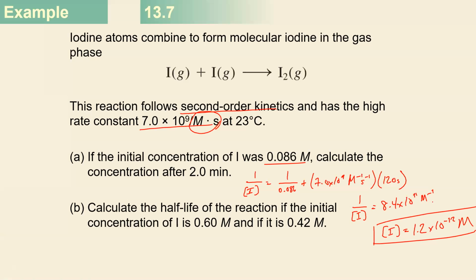Having a big rate constant like that means that the reaction is going to go super quick. And so this 0.086 molar that we started with reacted away almost instantaneously. And there's just a tiny, tiny bit left over.